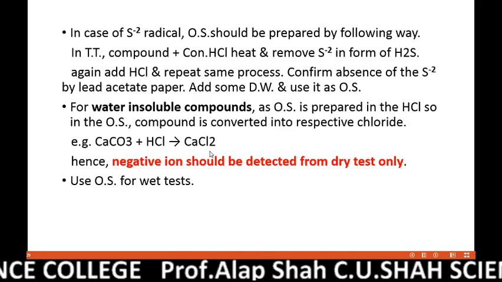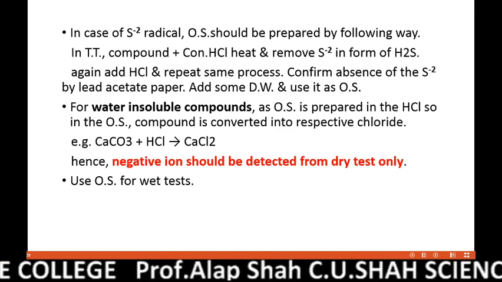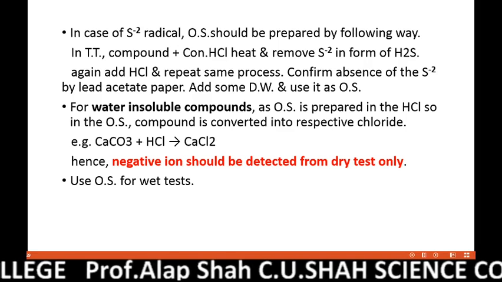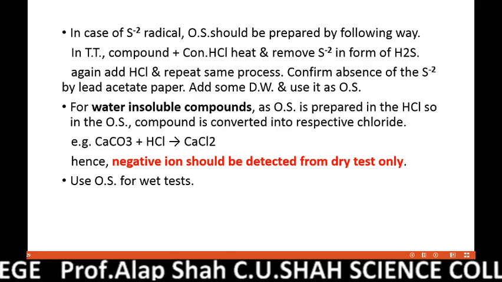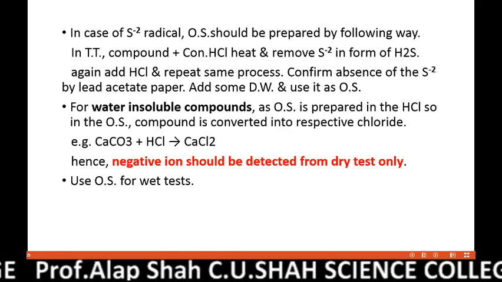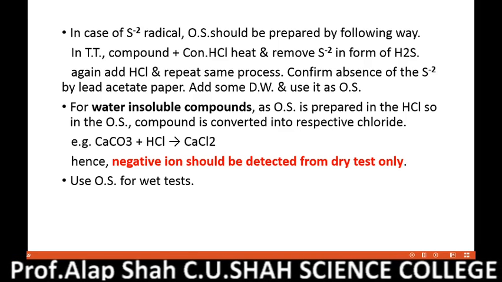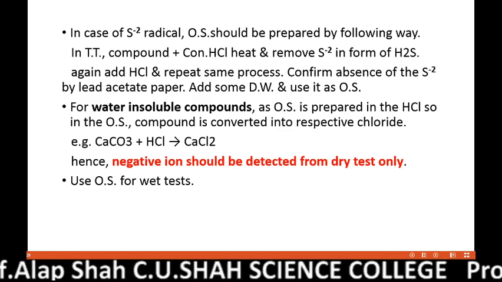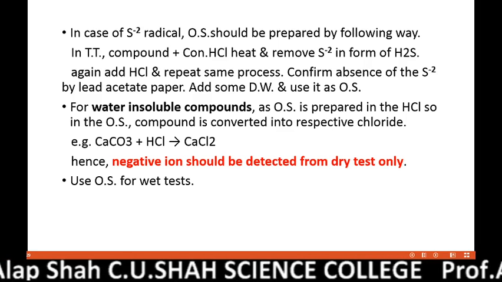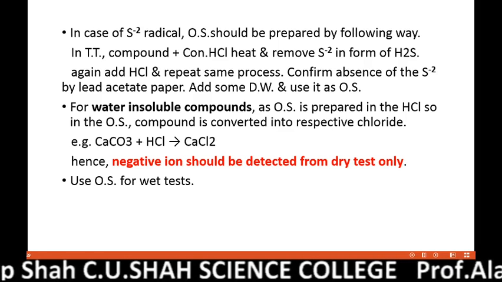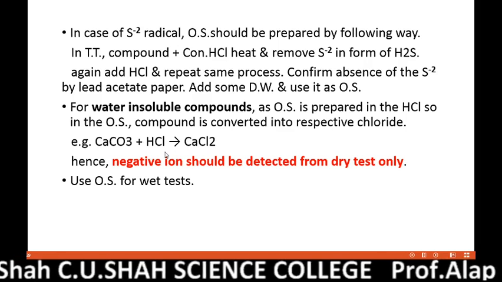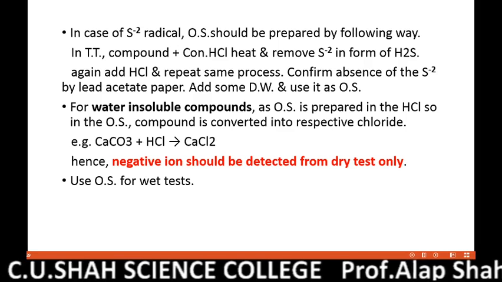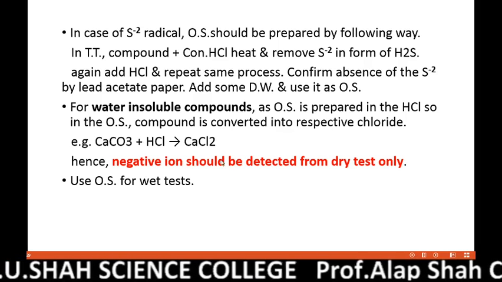One more example. Suppose your powder is magnesium phosphate, but you are preparing it in HCl. The radical was phosphate, but now in the OS you are getting MgCl2. So you should remember that in such a case you shouldn't perform the wet test of the negative, because if you perform it, then whichever negative radical you detected in the dry test, in the wet test you will get the test of the chloride.